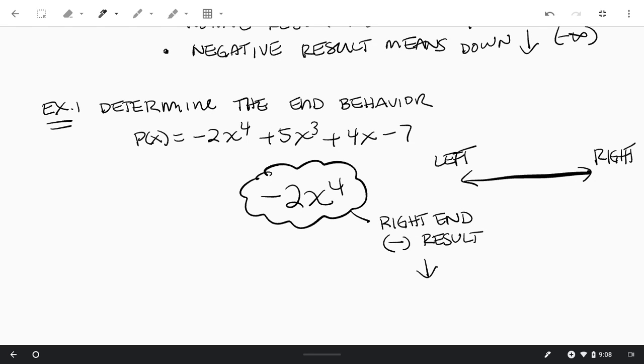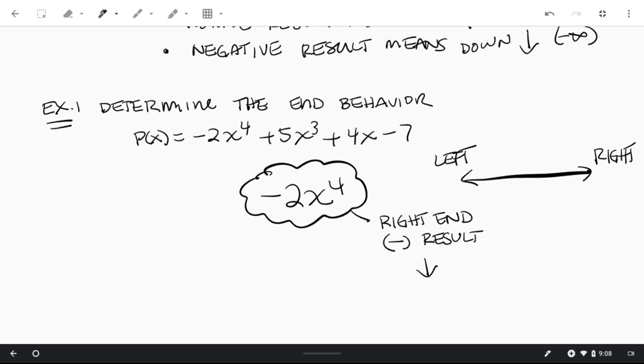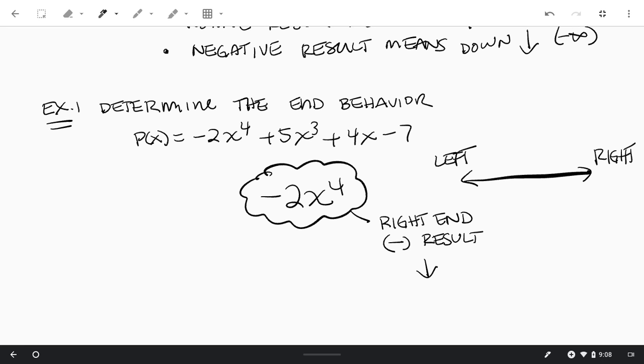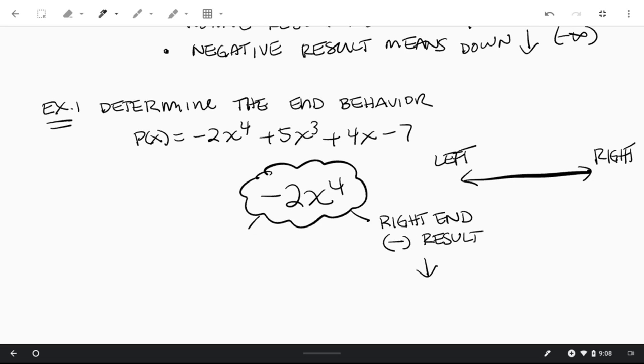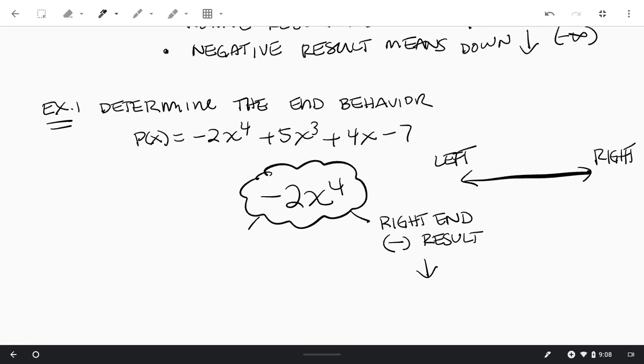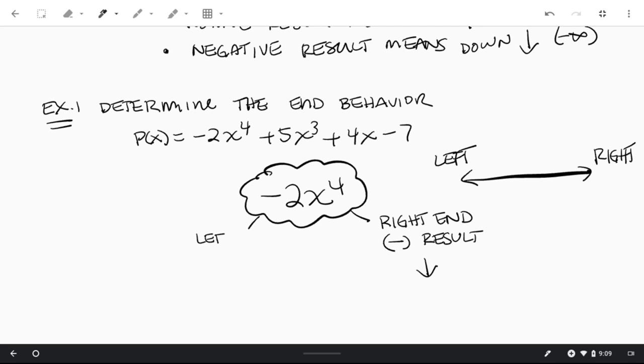Let's do the left-hand behavior. On the left-hand side, all the x's are very negative. So if I plug in a very negative number in here and raise it to the fourth power and then multiply it by negative 2, what sort of result will I end up with?